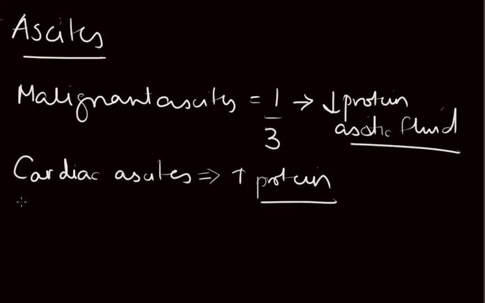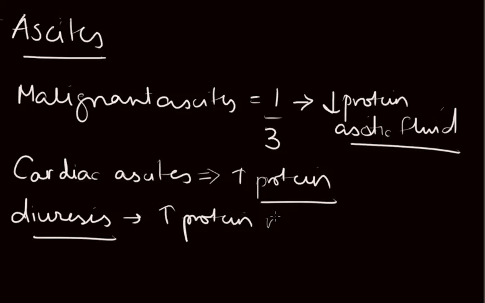There are also other reasons which can affect the ascitic protein concentration. For example, diuresis can increase the protein content of ascites. If you have a patient with a low protein ascites and you give them loads of diuretics and they have significant diuresis, the protein content will actually increase in the ascitic fluid.